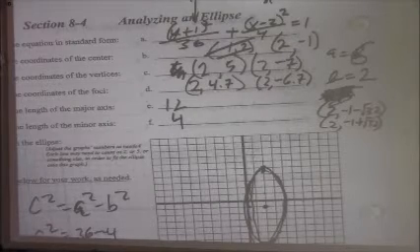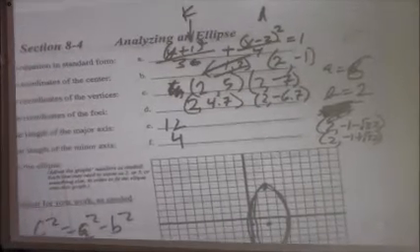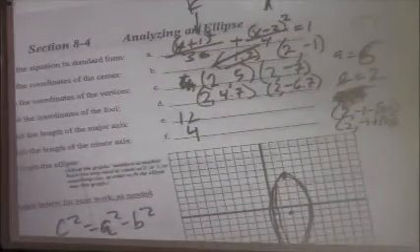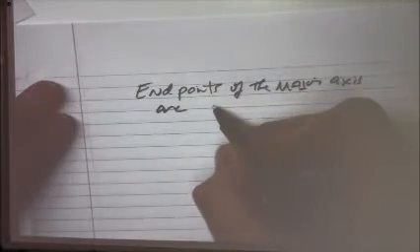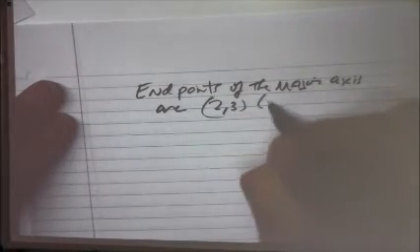Okay. So now let's take some information. Here's where I think I'm going to just reverse one of the things. Let's say I told you some information. I have a problem like this one. Endpoints of the major axis are (2, 3), (2, -5).